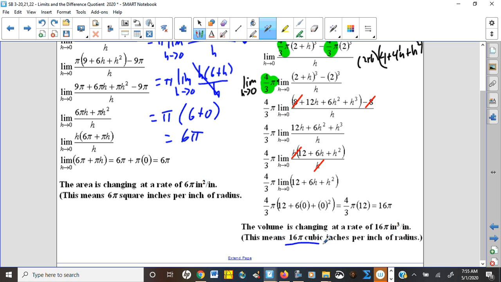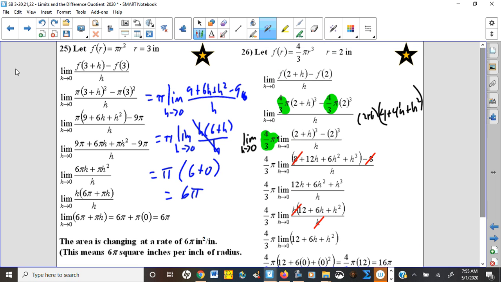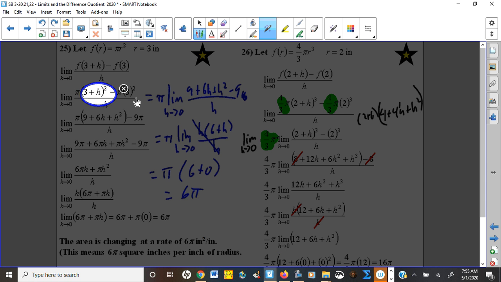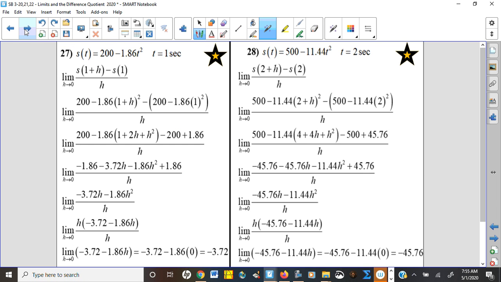I think maybe this is probably a better way of saying it. That was 26. Harder than 25 because you had to cube a binomial. But whether you're squaring a binomial or cubing a binomial, those are two algebraic things you have to be able to do for these kinds of problems. So hopefully your algebra is up to it.